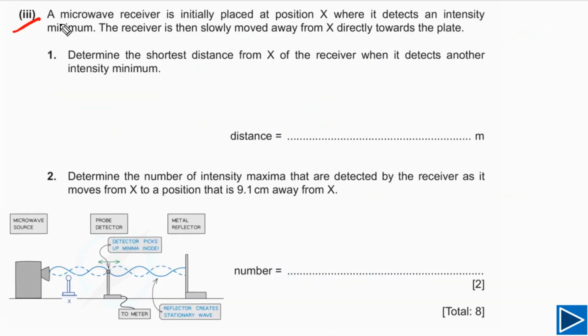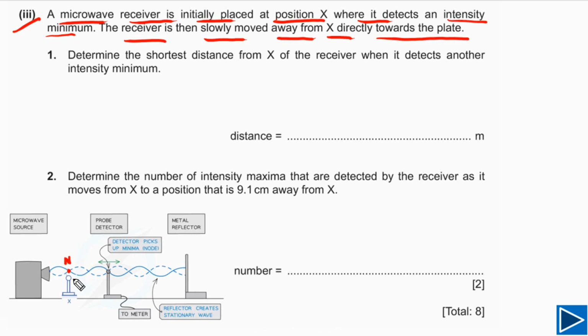For the third part, it is given to us that a microwave receiver is initially placed at position X where it detects an intensity minimum. The receiver is then slowly moved away from X directly towards the plate. It means first of all, the detector is placed at this point, position X, and it detects an intensity minimum, meaning at this point there is a node.